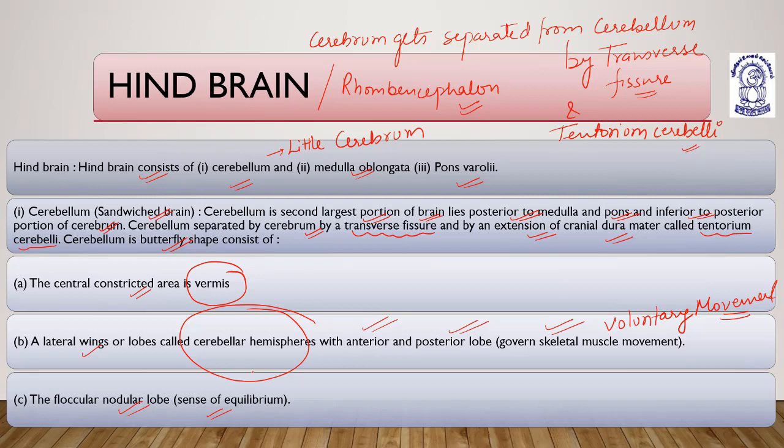The floccular nodular lobe present in cerebellum carries the sense of equilibrium.